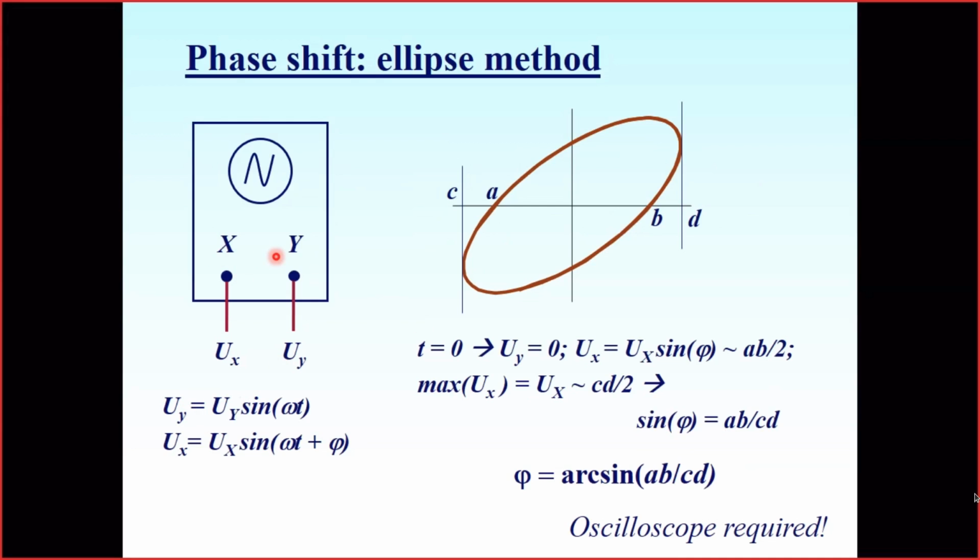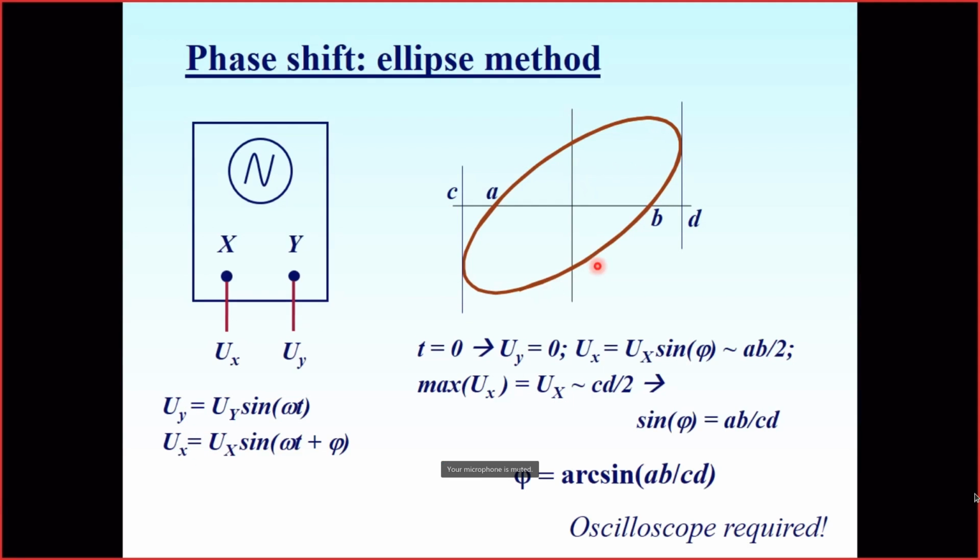Most modern oscilloscopes may be switched to a mode when the X channel is driven not by a time sweep but by another signal. In this way, we apply both measured signals, UX and UY, to the X and Y channels, and depict one signal as a function of another. When these signals have a phase shift, we will see an ellipse on the screen.